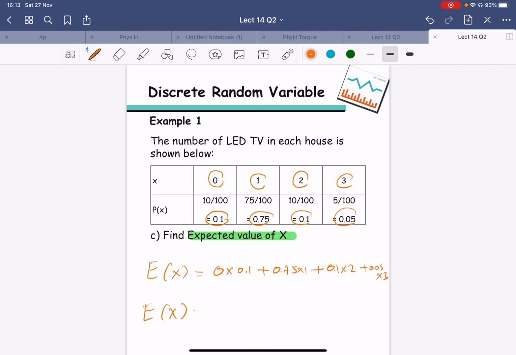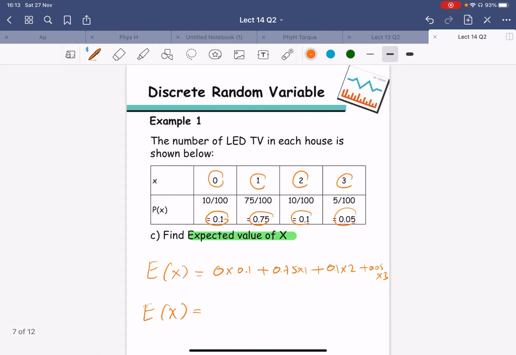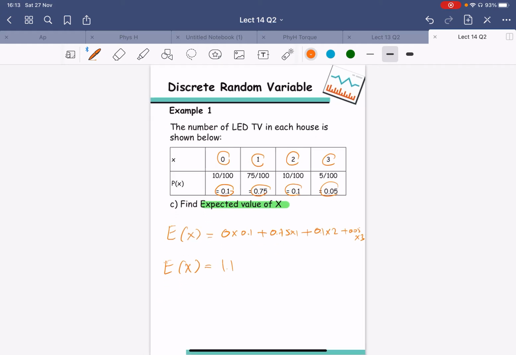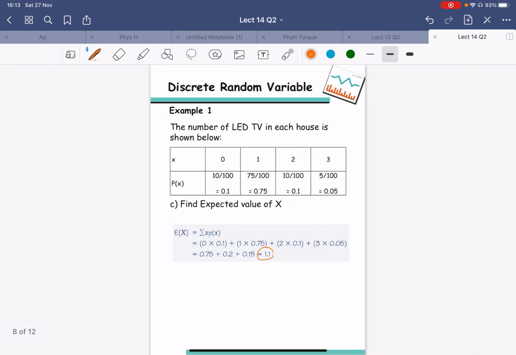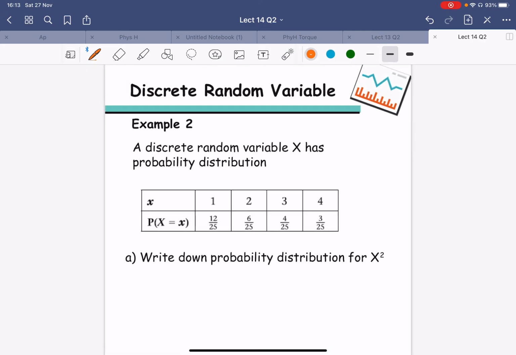So E of X is equal to 1.1. Hey, this is the same as the mean we just found. So yes, they are the same in this case. Now, next question.